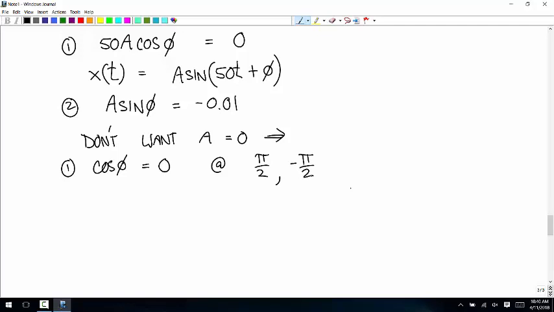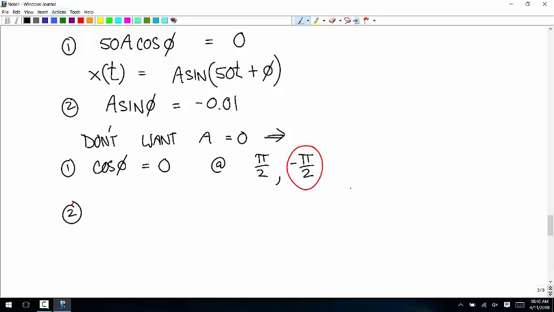Let's just use those two. Equation 2 then, I'm going to choose this one because it's going to give us a positive amplitude, but there's no reason to choose one over the other really.